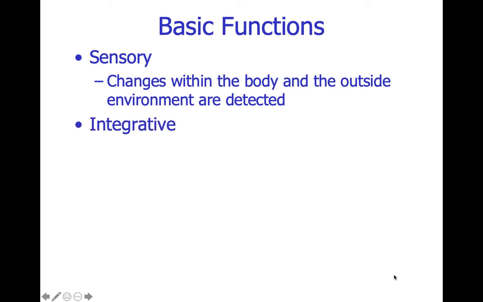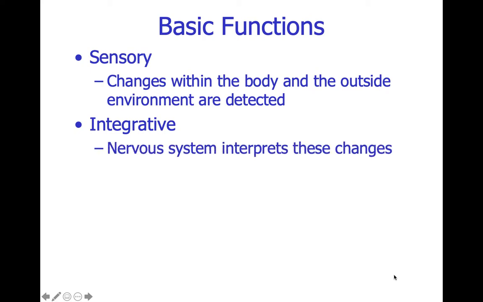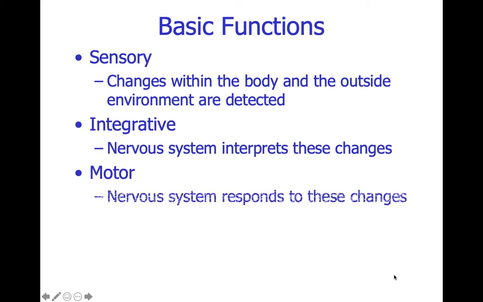We have the integrative. In the integrative, the nervous system interprets these changes. It says, okay, the O2 level in the blood has gone down. Why? Number one. And number two, what are you going to do about it? Well, the why may be simply, oh, that lunatic, she's out running again, so we've got to do something about that. And what we're going to do is part of the motor function. This is how the nervous system is going to respond to these changes.